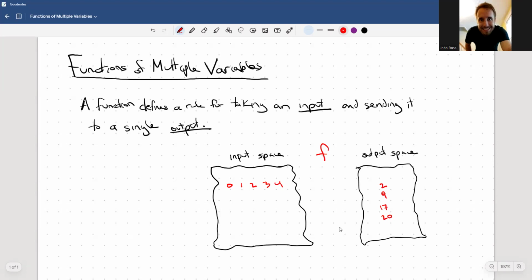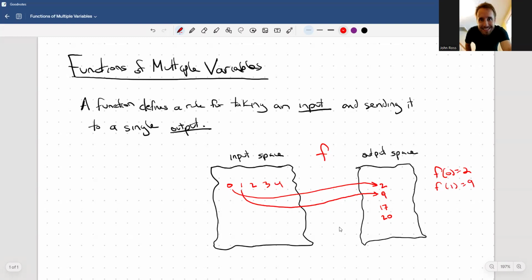And so my function will take my inputs and send them to single outputs. So maybe the number 0 gets sent over to the number 2. And if I were making a list of what my function did in the notation, I might say f of 0 equals 2. I might take the number 1 and send it to the number 9. And then I could say f of 1 is equal to 9, and so on and so on.